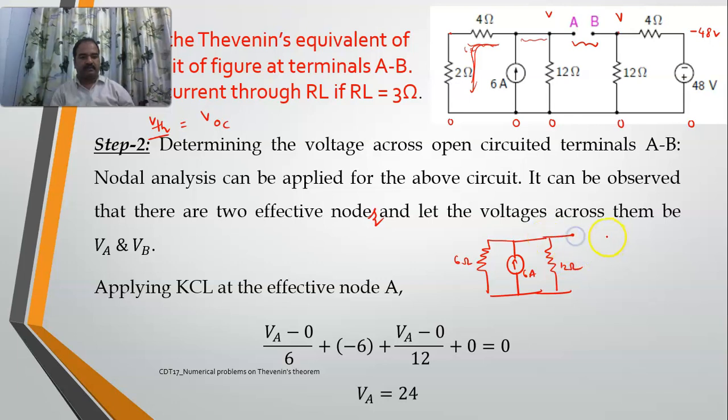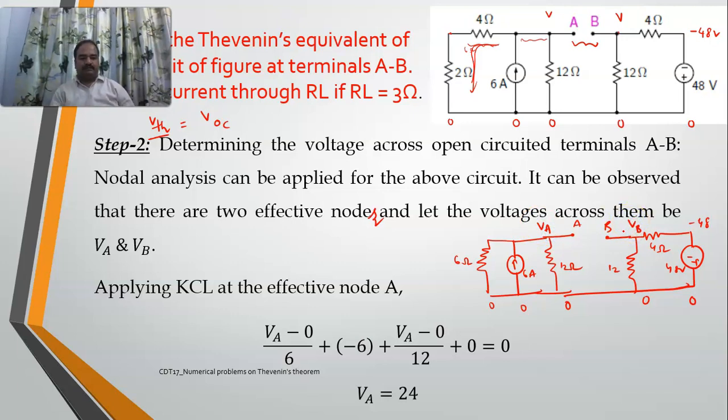And this is my A, this is my B, and this is my 12 ohms. And this is my 4 ohms resistor. And this is my 48 volts voltage source. So this I'm taking as 0, this is minus 48, and this is 0, this is 0, this is 0. So here I'll take it as VA, and here it is VB.